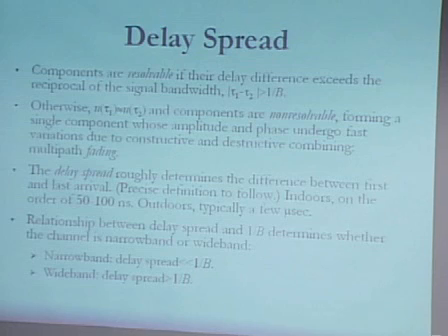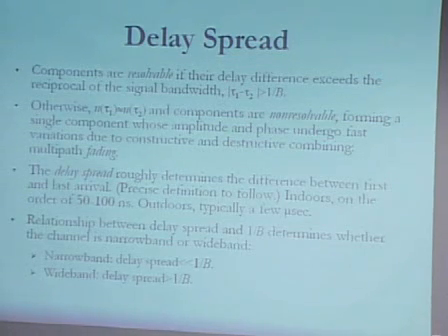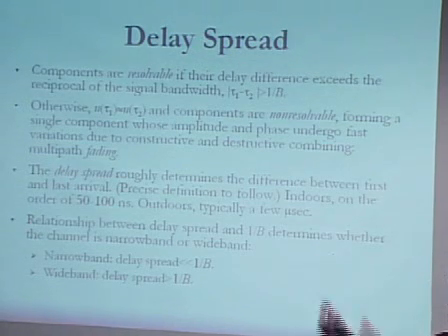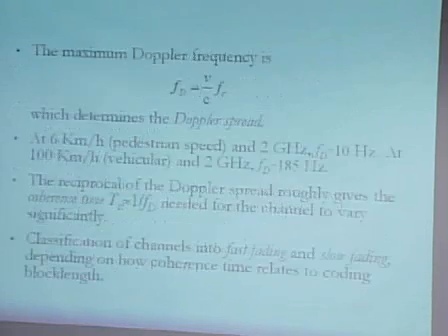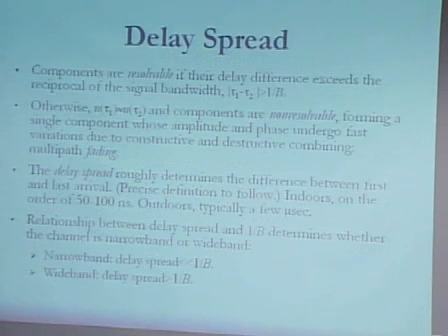Now, in the same way that we classify systems as fast fading and slow fading, depending on how the block length relates to the coherence time, there's a similar classification that has to do with the delay spread.